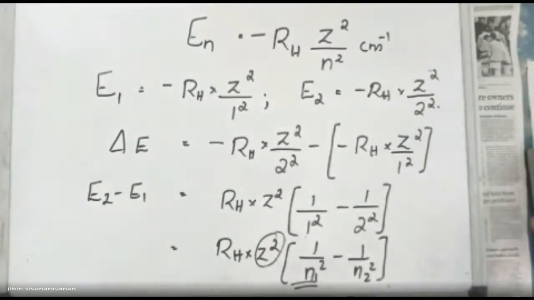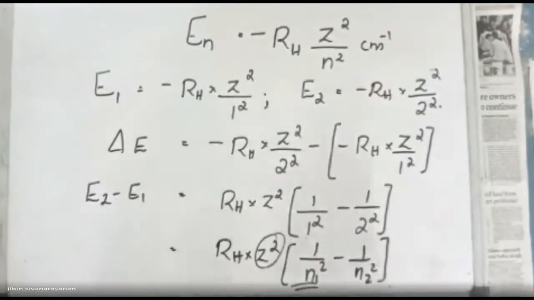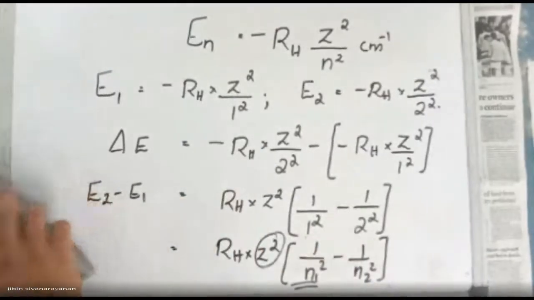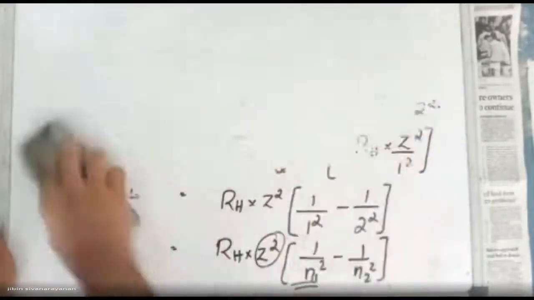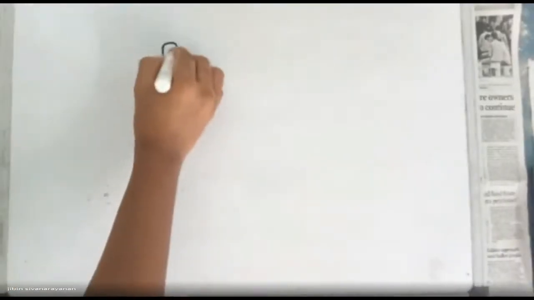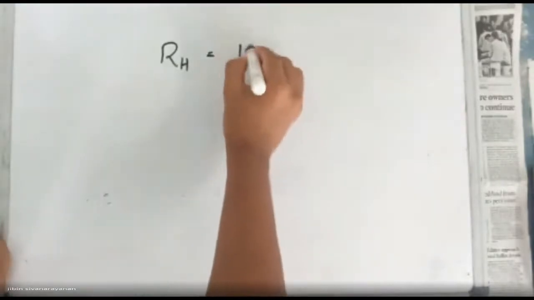Okay, so this RH value is what I have written just before in different units. Again I will write. This RH has different values.